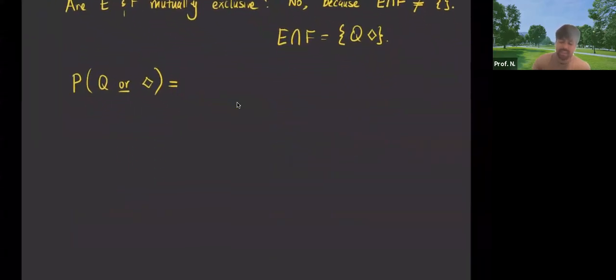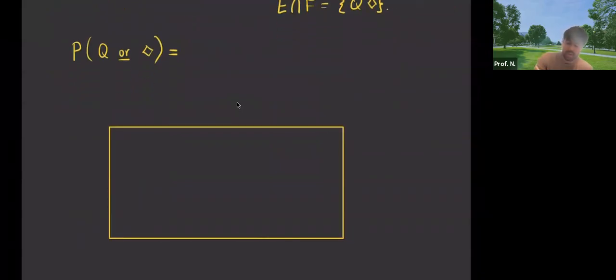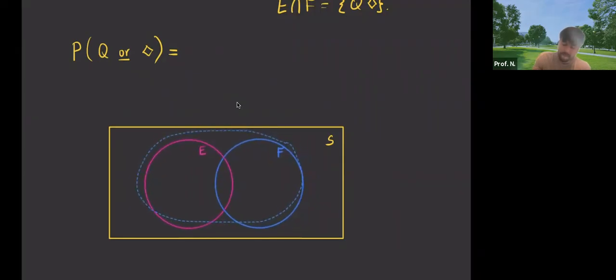And why is that? So this is where drawing helps. And people like drawing this, right? This little Venn diagram. Let's call this E here and call this F. Let me just write this now.